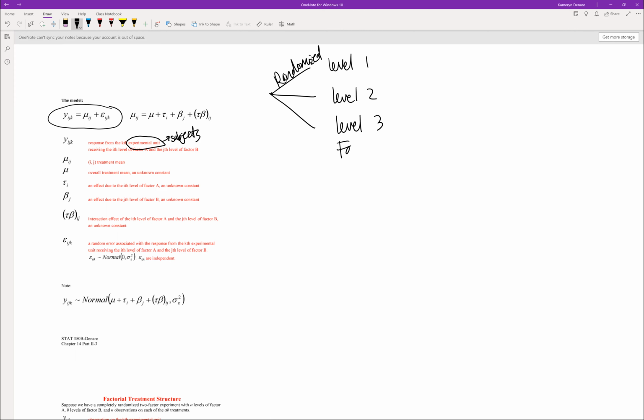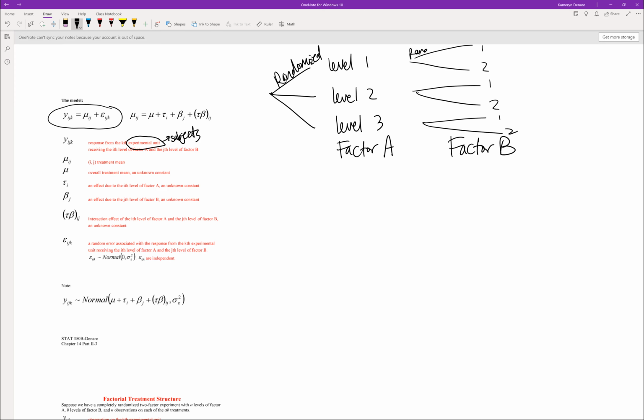This is factor 1, or we'll use factor A. And then for factor B, level 1, level 2, level 1, level 2, level 1, level 2, and people were randomized.